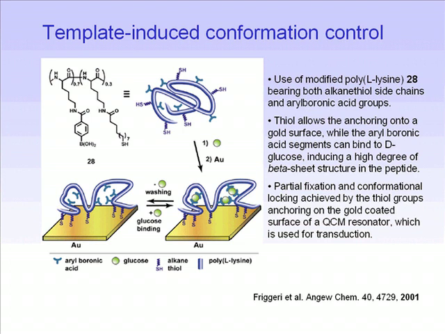What I would like to draw your attention to is a much more interesting examination of this idea, which is much closer to the Pauling hypotheses. And here what is done is you take a large macromolecule which has several points which can interact with a template, and you lock in the conformation of this macromolecule around the template, and then you fix the conformation of this locked-in macromolecular conformation by pinning it down to a substrate by covalent linkages.